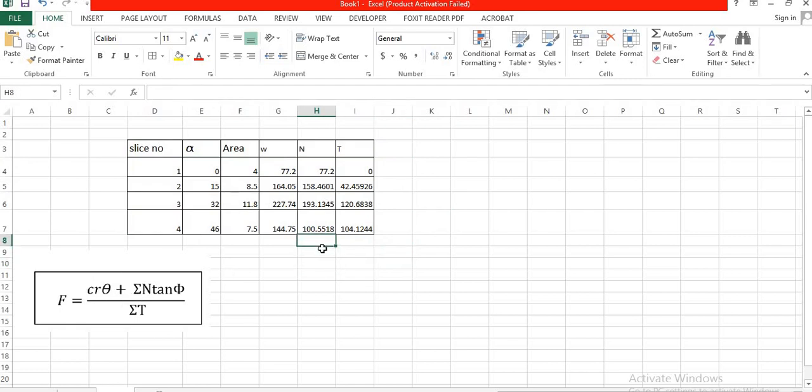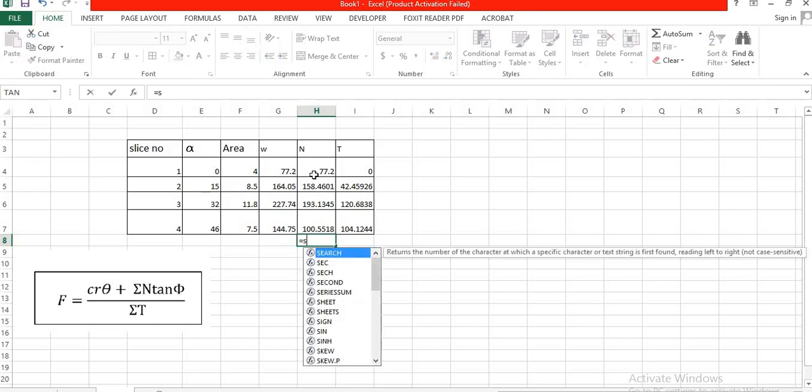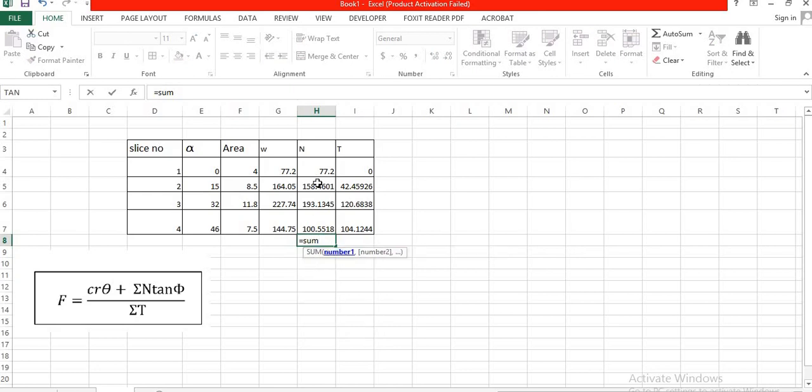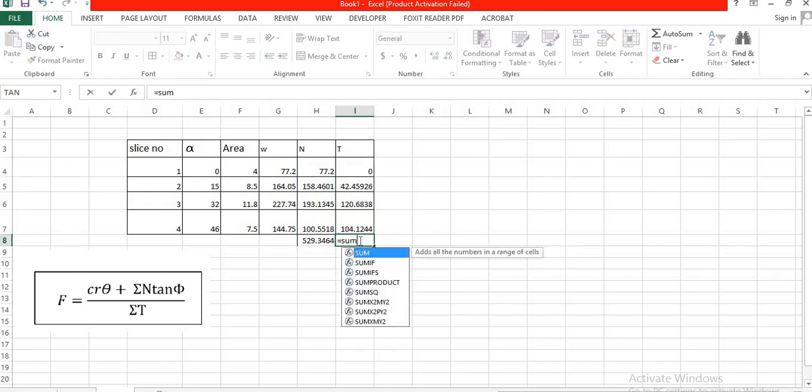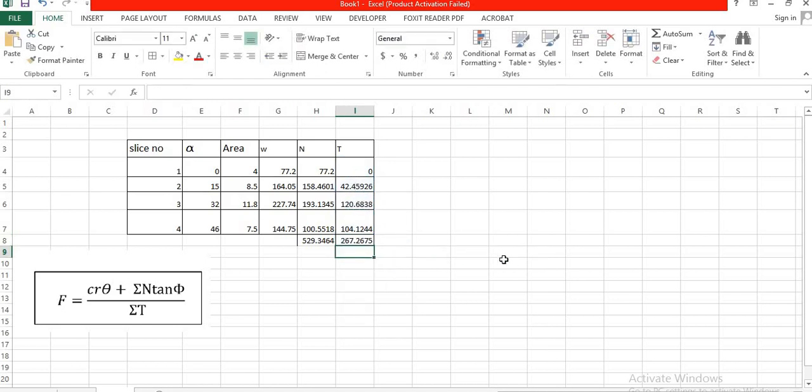So we take sigma N, the sum of these, and here the sum of T. Now we have our sigma N and sigma T.